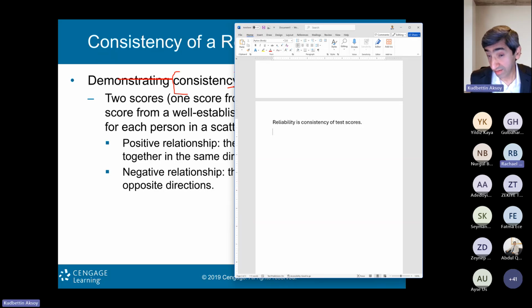Theoretically, we can talk about this, but in reality, we're not going to test everybody more than once. But we have some statistical methods to get good information about the reliability of these. Every research article that uses measurement has to talk about the reliability of their scores. If not, it's a huge hole in the research.